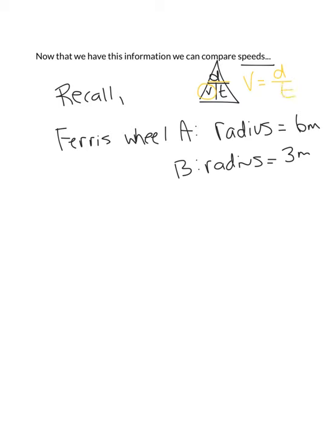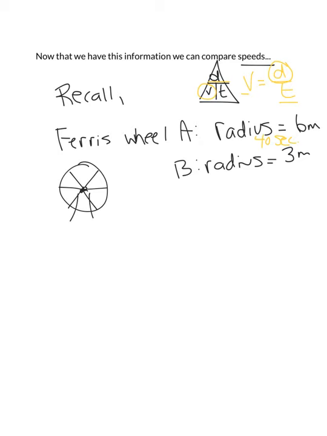So we're trying to calculate the speed, we know the time that it took, and we need to figure out the distance that this Ferris wheel traveled. So again, I'm going to draw my lovely Ferris wheel here. I know that Ferris wheel A took me, I need to actually flip back and remember, 40 seconds to do one full rotation.